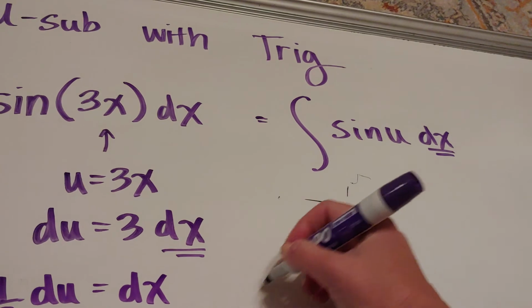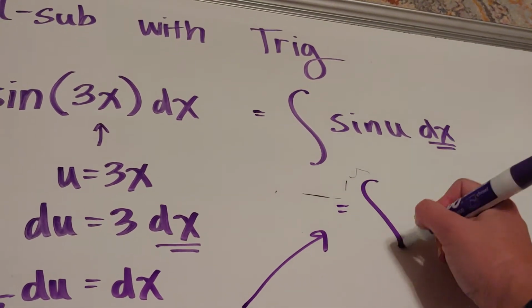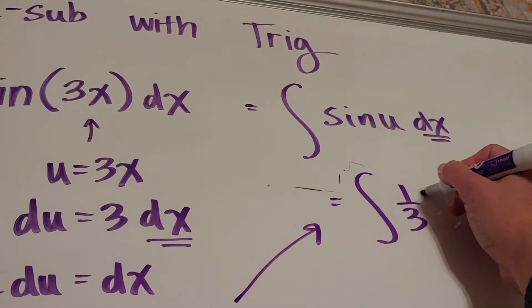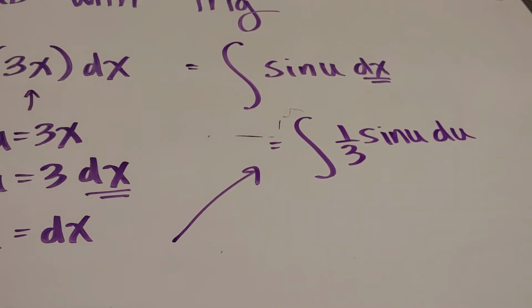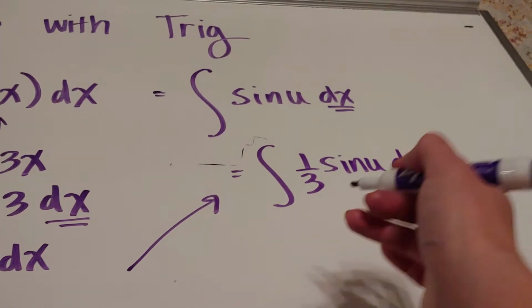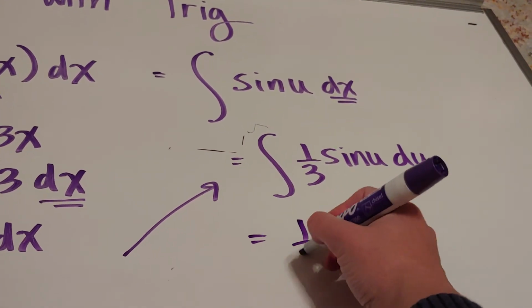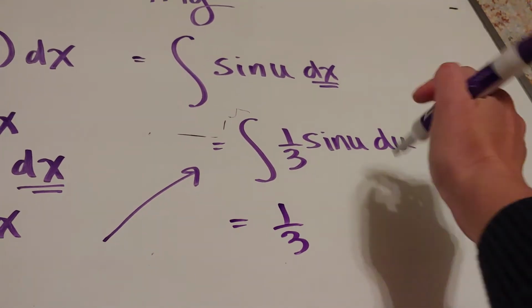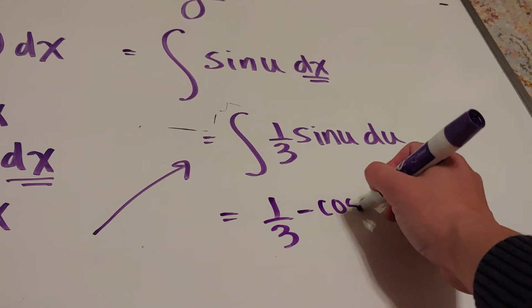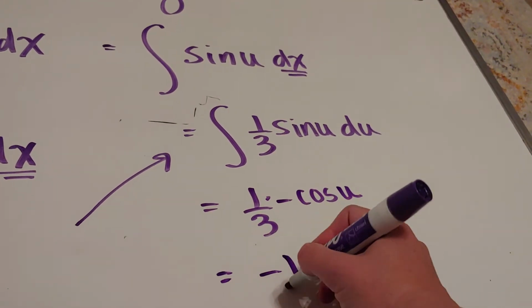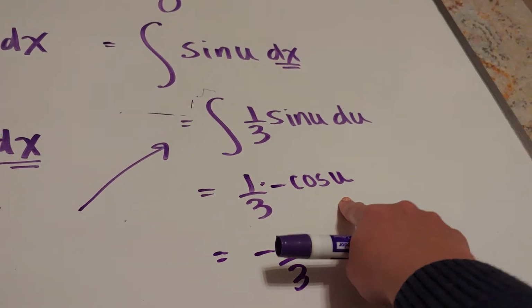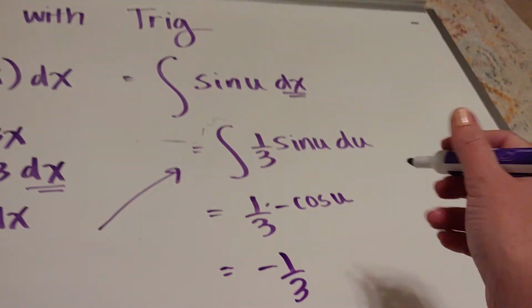So when I finish it off, translating into u's, I get the integral of sine of u du with a 1/3. Let's integrate it. The 1/3 is going to chill out. The integral of sine is negative cosine, and then I need to replace that u by my original substitution.